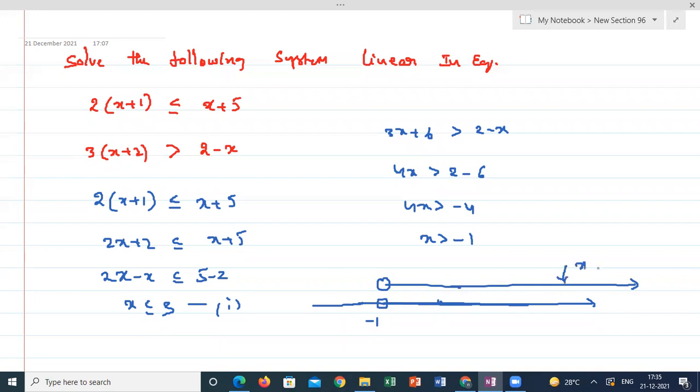This is x greater than minus 1. The next one is x less than or equal to 3. So this is 0, this is 1, this is 2, this is 3. Less than or equal to means this is the solution set.